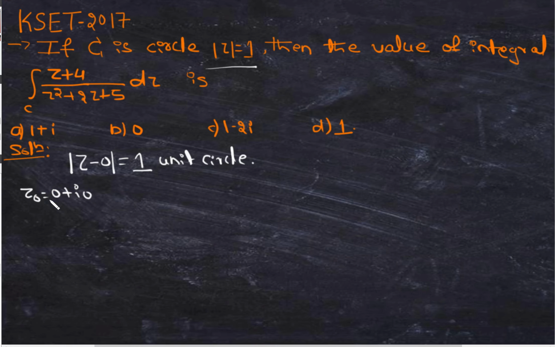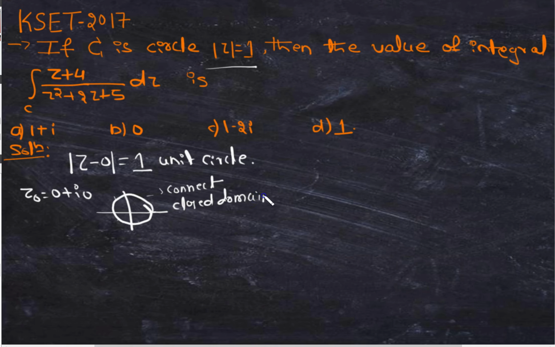Diagrammatically it can be expressed like this: this is the origin, and this is our simple contour. It is connected, as you already know from the definition of connected, and it is a closed contour.